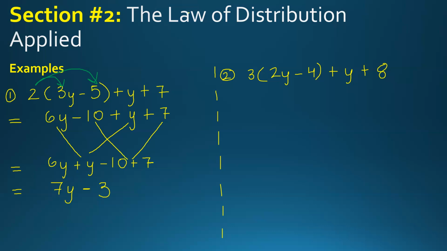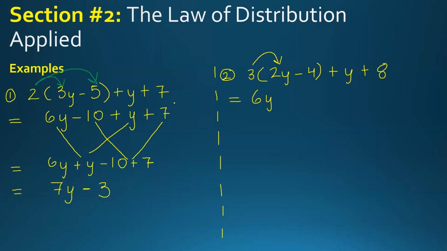All right, so I see some answers inside the chat. The first thing we're gonna do is apply the distribution. I know this one is complicated. So we have 3 times 2, what is 3 times 2? That's gonna be 6. Very good. So this is 6y.